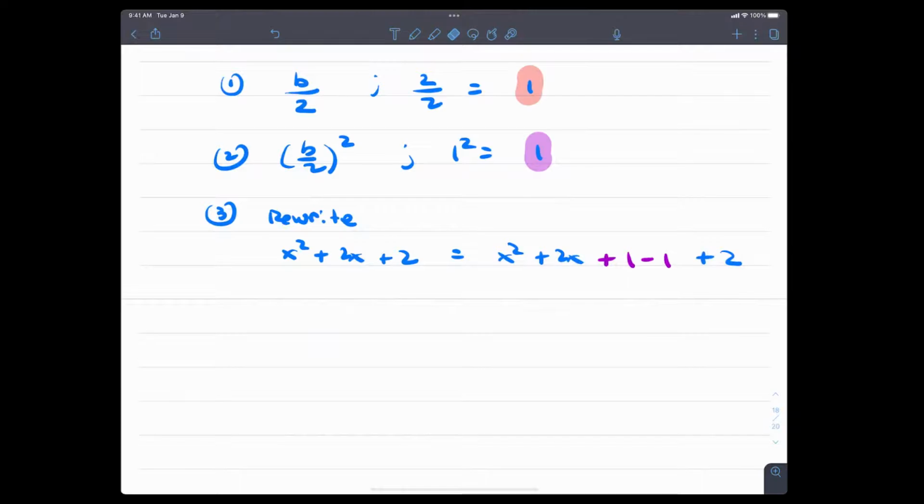And here's what I want to remark as well. What do you do with these 3 terms here in orange, and what do you do with these last 2 terms in green? This is completing the square. You factor the orange term, and you simply add the green terms.